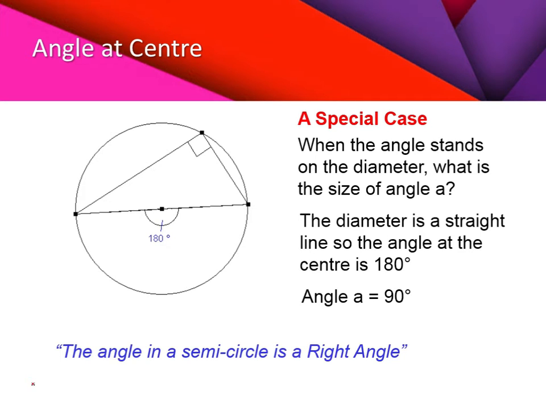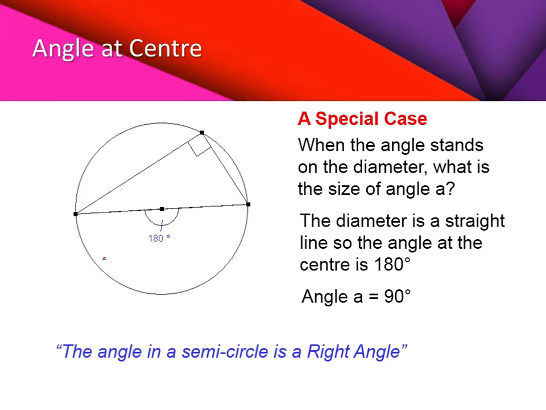So we have discussed till now three properties. The first one was same segment, then angle at the center is twice the angle at the circumference, and now that a semicircle will make a 90 degree angle, or we can say that any point on the circumference of a circle will make a 90 degree angle with the diameter.